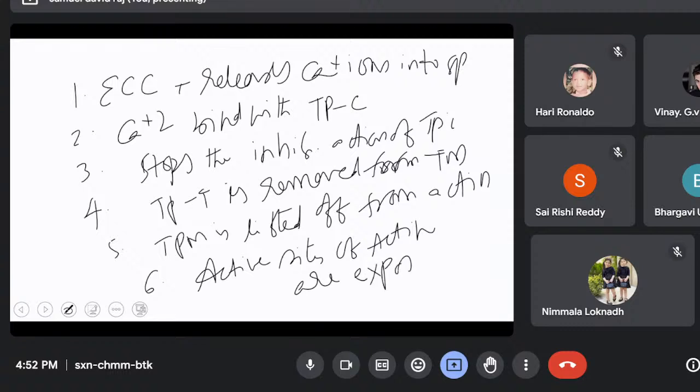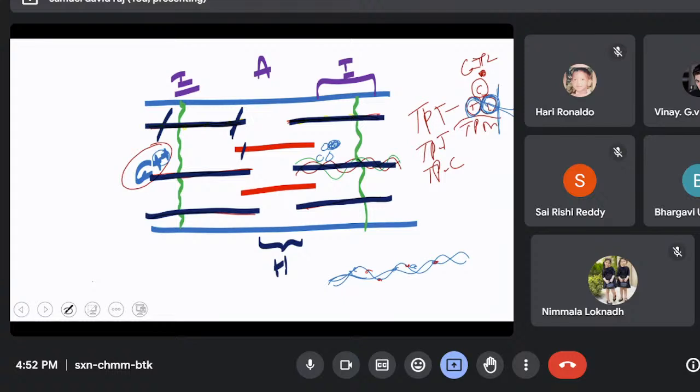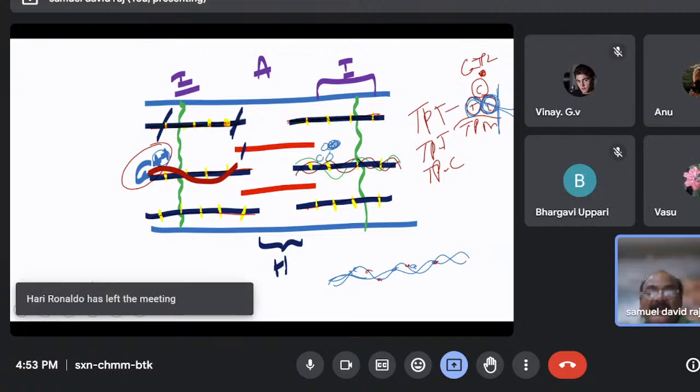So how is the contraction initiated by calcium ions? By exposing the active sites of actin. So far there are so many active sites here in the actin. All these active sites of actin are hidden by the tropomyosin, and the troponin plays a part in binding the tropomyosin to actin.